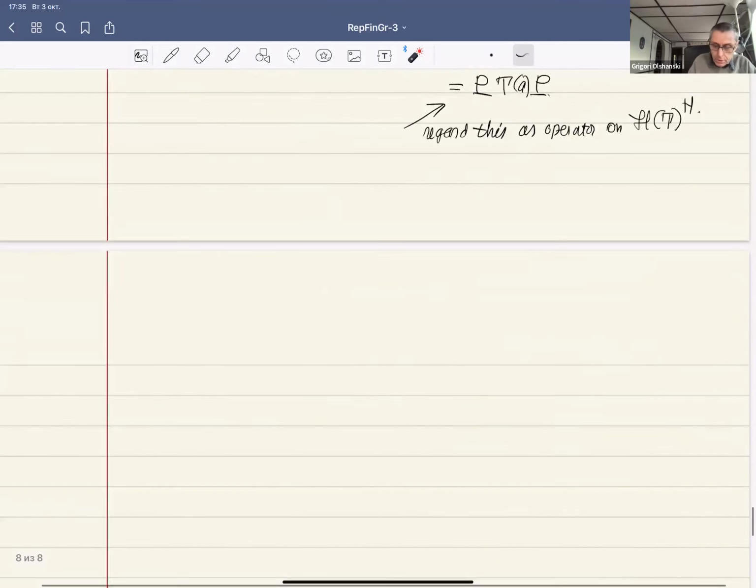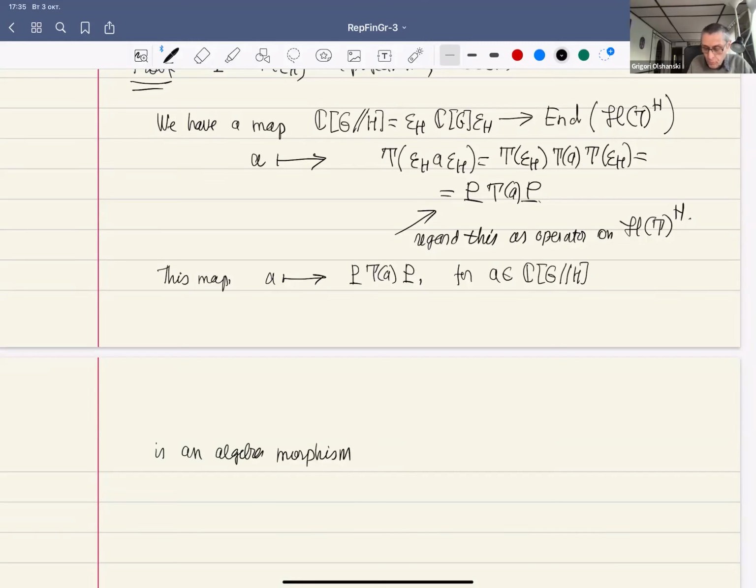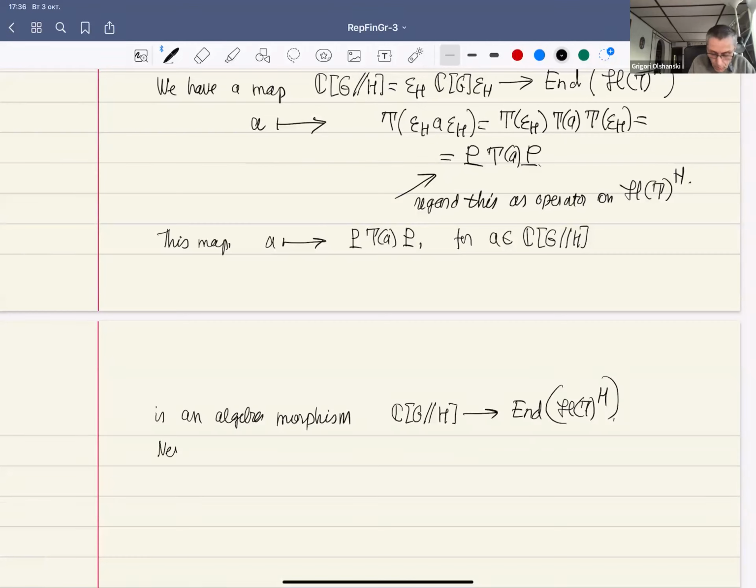But the next observation is, so this map A to P A P, for A in our subalgebra, is an algebra morphism between this subalgebra and the algebra of operators. But next, it is onto.